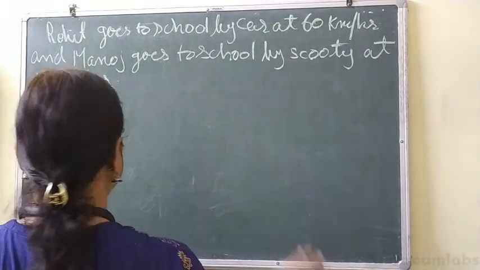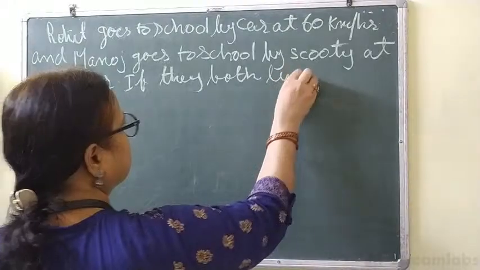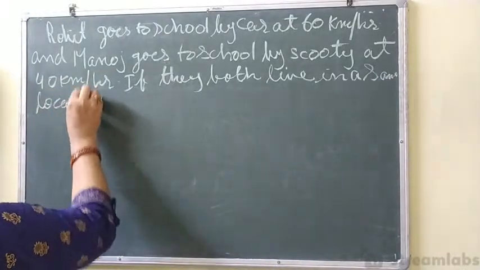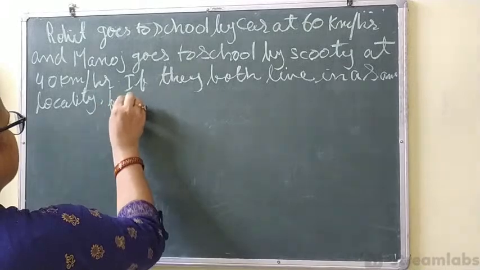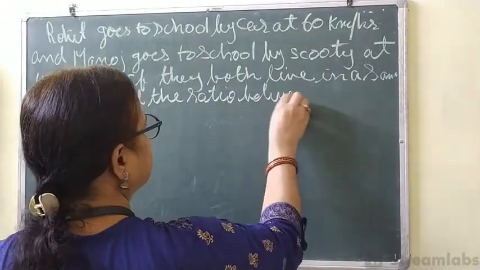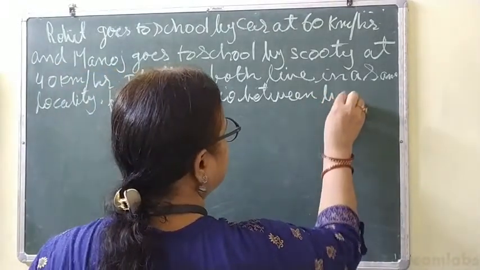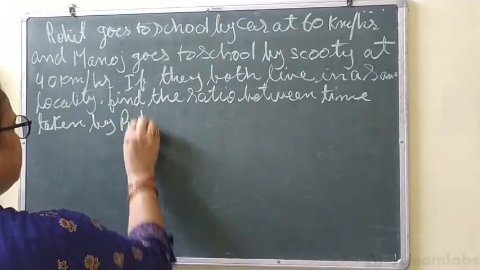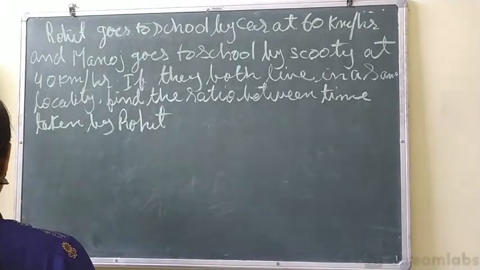If they both live in the same locality, find the ratio between the time taken by Rohit and Manoj to reach school.